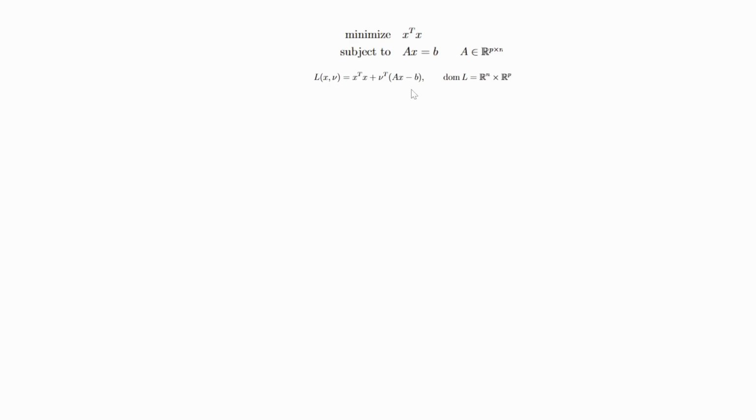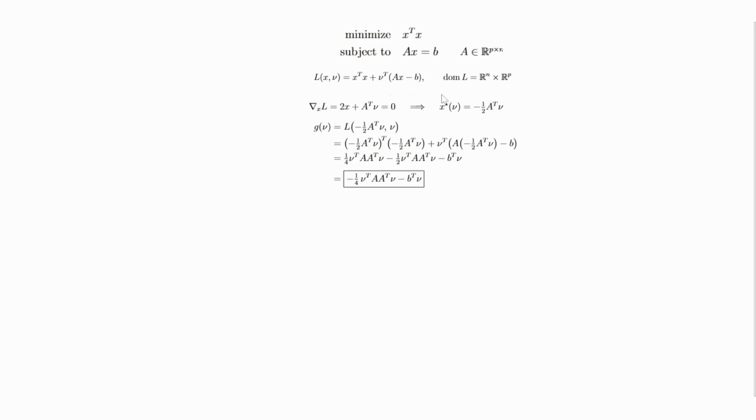The thing about L is that it's a convex function in x, so we can set the gradient to 0. So just doing that math and solving for x, we see that the value of x which minimizes the Lagrangian is equal to negative 1/2 A transpose v. So plugging this back into the Lagrangian function, we have the following. So all I've done is replace x here with this x star and plug in this value here.